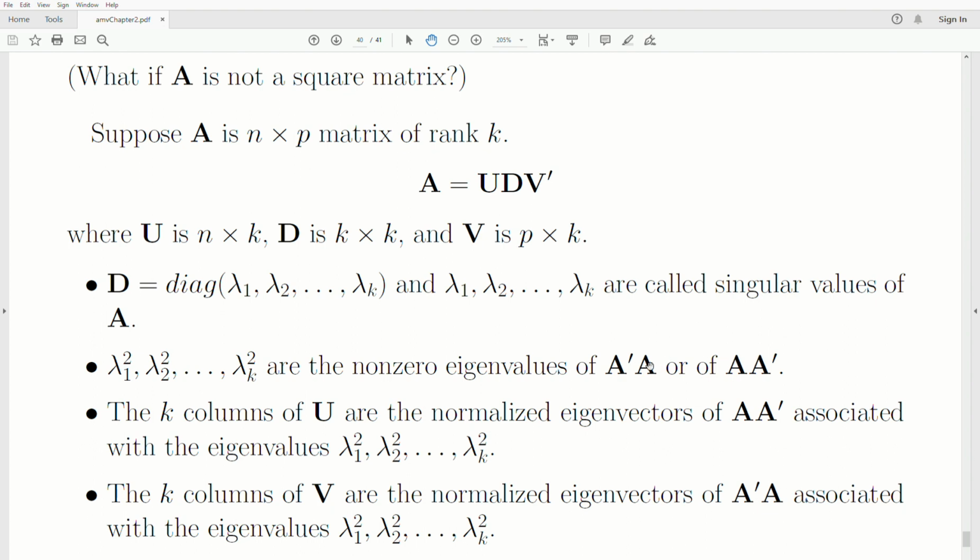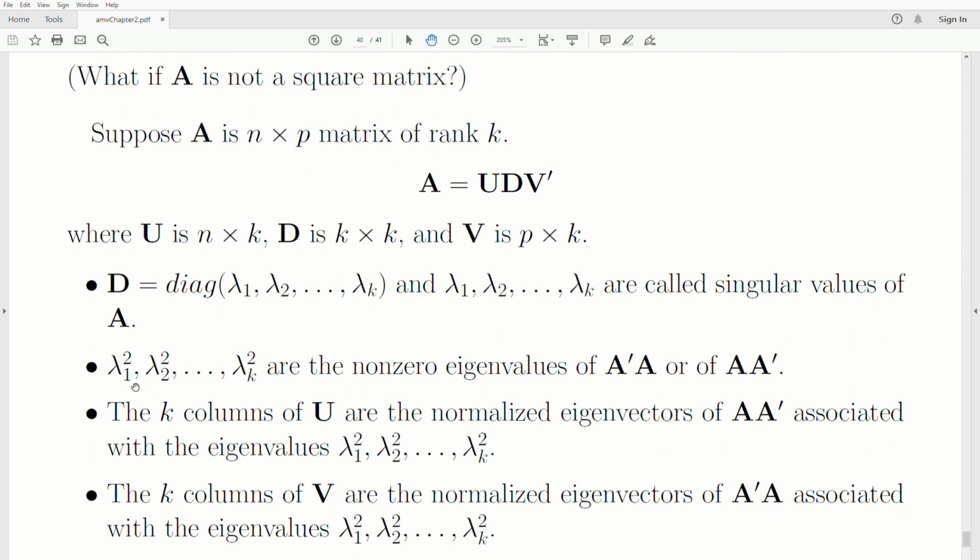One of them will have a higher dimension, and so the non-zero eigenvalues will be the same, and the rest will be 0 for one of these matrices. We just grab the non-zero ones, and we call them lambda 1 squared, lambda 2 squared, and that's really because these are the square root of these values. So we just get lambda 1, 2, 3 all the way to k.